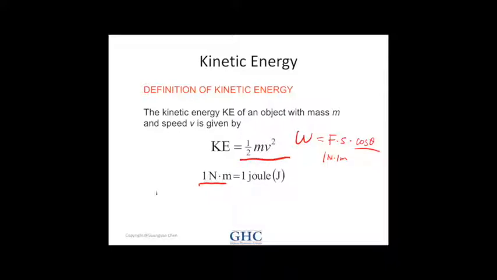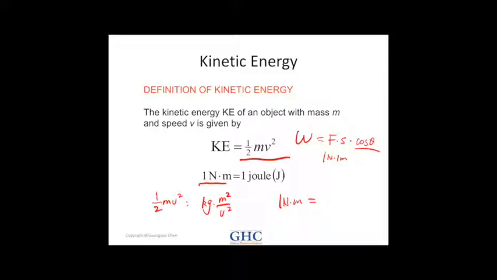Now, what is the SI unit of kinetic energy? 1/2 mv squared: its unit is kilogram for mass, and meters squared per second squared for v squared. So we check whether 1 Newton times meter is the same as the unit of kinetic energy.